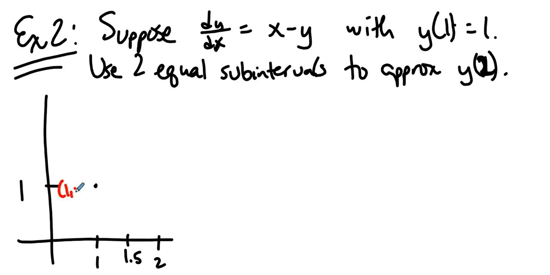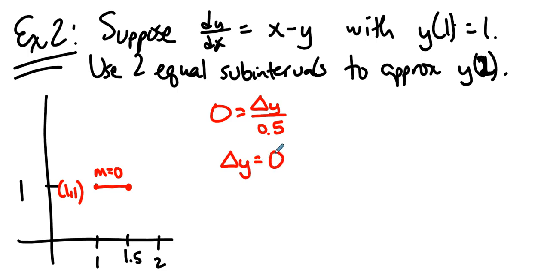At the point (1, 1), the slope of the tangent line is 0. Well, that's easy. If the slope of the tangent line is 0, then 0 is change in y over change in x, which means that the y value at our first rest stop is the previous y value plus the change in y.